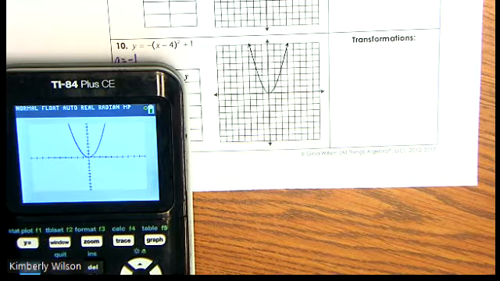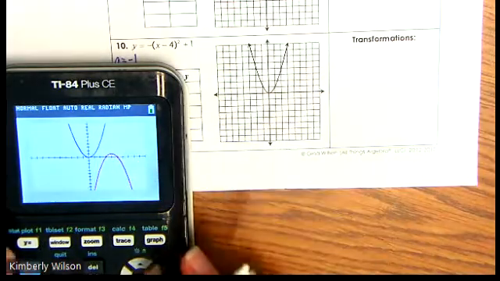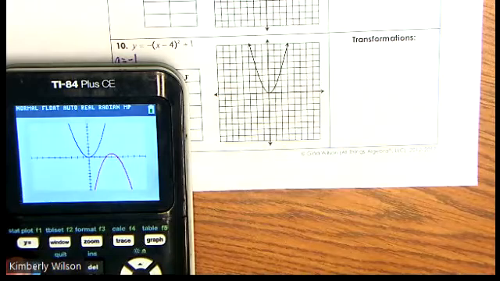There's my parent function. There's my, whoa, it turned upside down. So it reflected, shifted to the right, and it looks like it also went up. Okay, so let's graph this on our graph so we can find specifics.